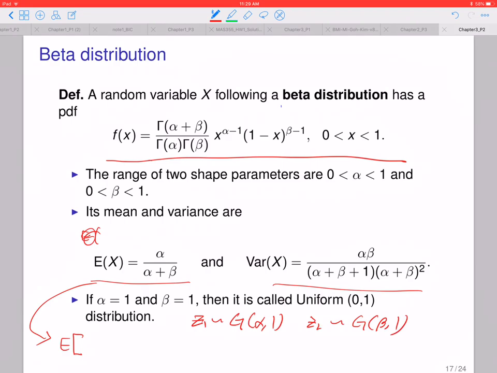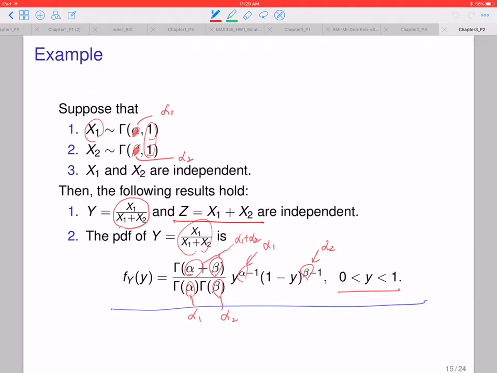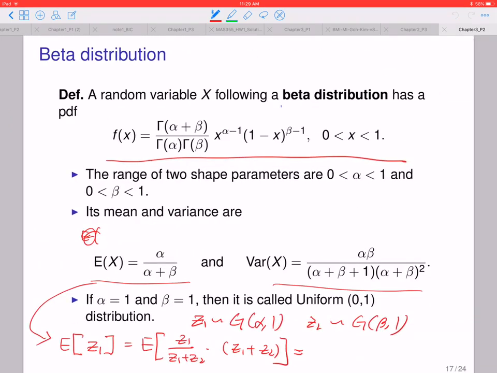So maybe you can write it this way: Z1 is Z1 over (Z1 plus Z2) times (Z1 plus Z2), right? And then the previous theorem says that these two are independent. So actually these two are independent.